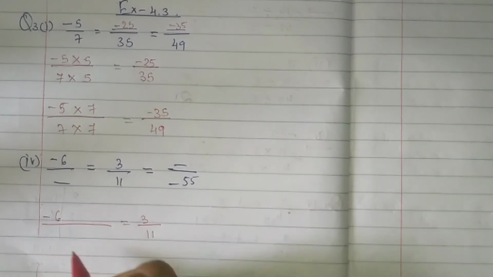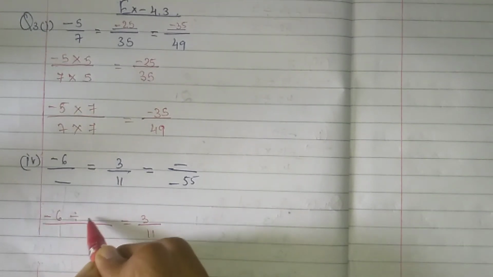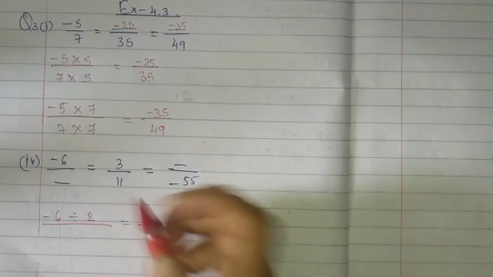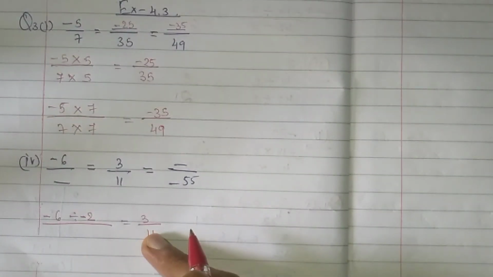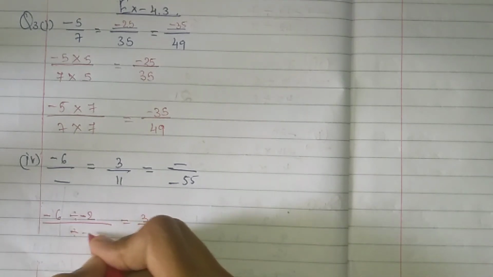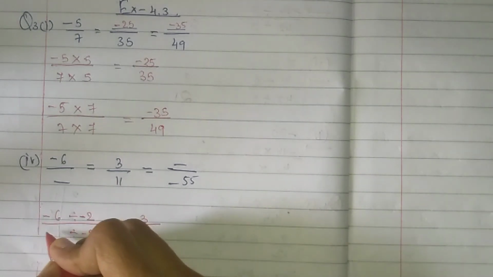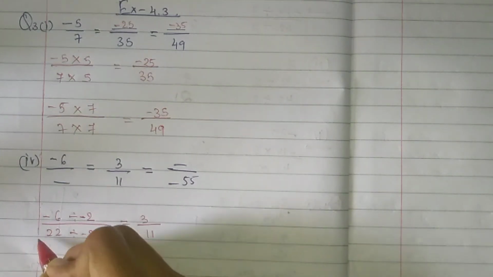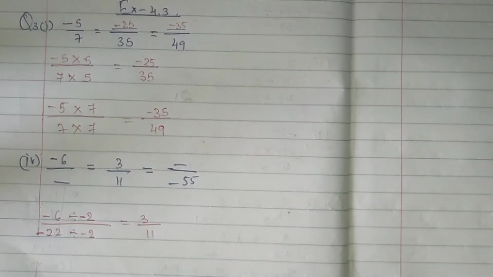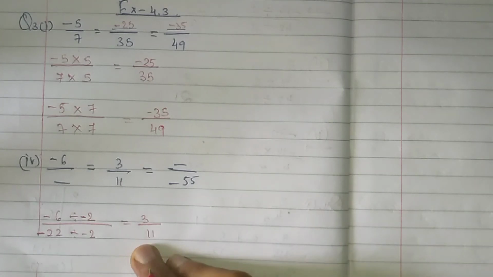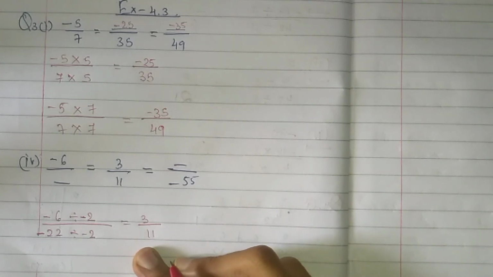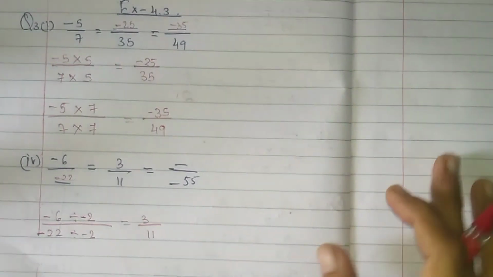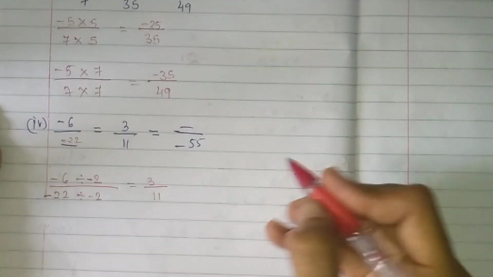If we divide minus 6 by 2, the answer is minus 3, and 3 divided by minus 2 only, so the answer here is 22. Minus 22 divided by minus 2 is equal to 11. So the answer here is minus 22.